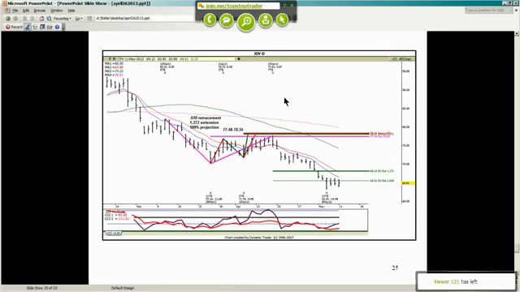It's bounced off of that time and price decision, yet it has not cleared its resistance. So you will find different time and price decisions on different time frames. It just depends on how fine-tuned you want your work to be.